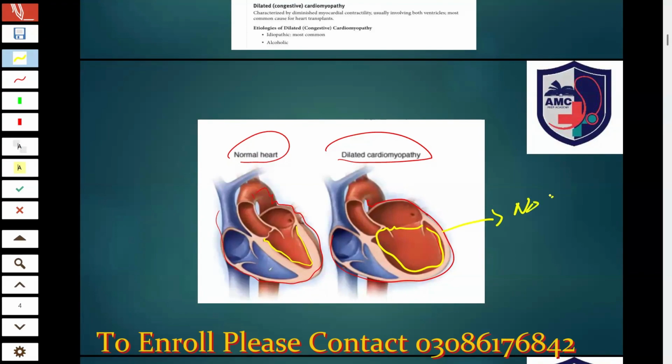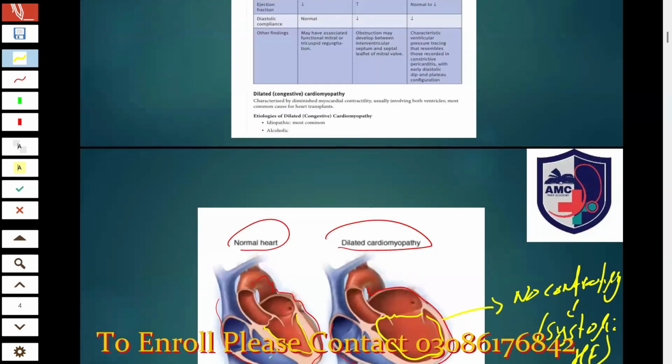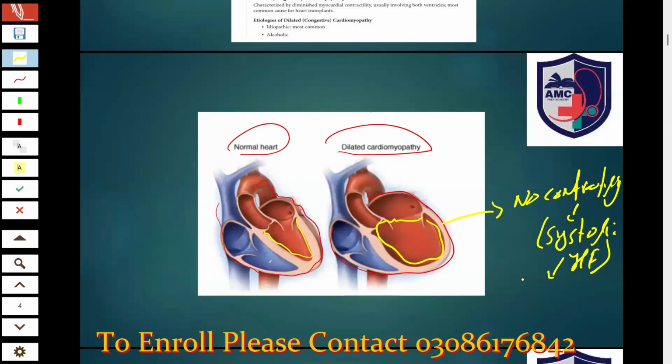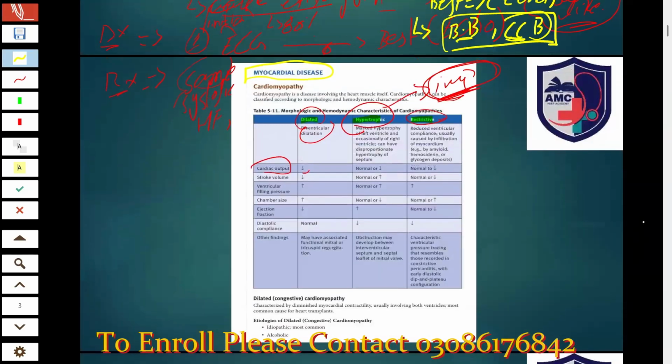There is no contractility, meaning systolic heart failure. Due to the systolic heart failure, there will be decreased cardiac output and decreased ejection fraction. So this is the mechanism.